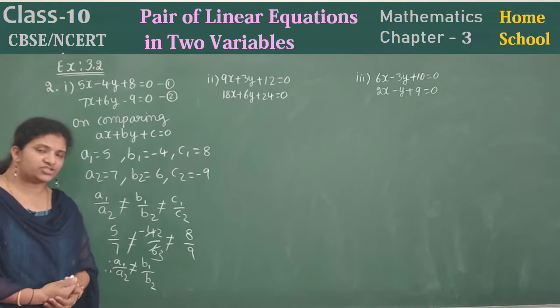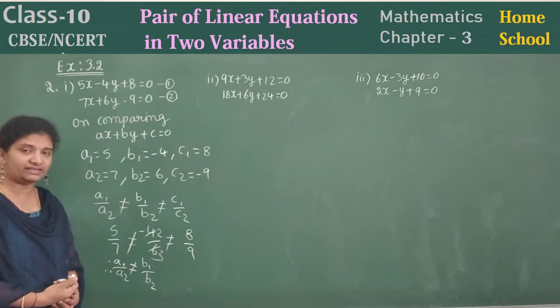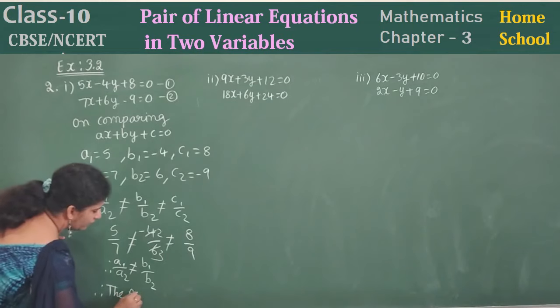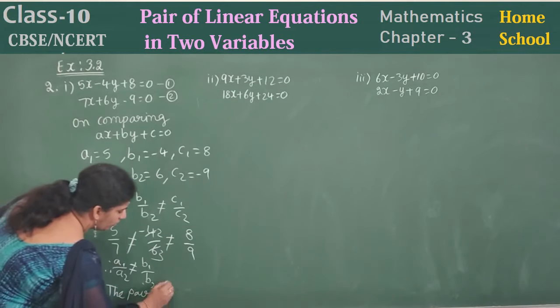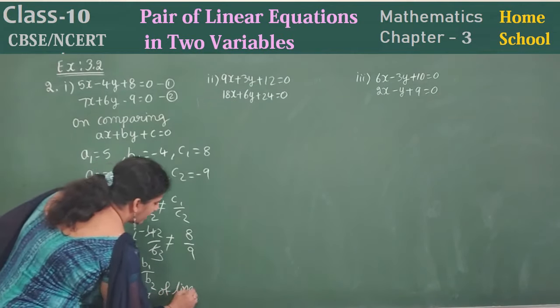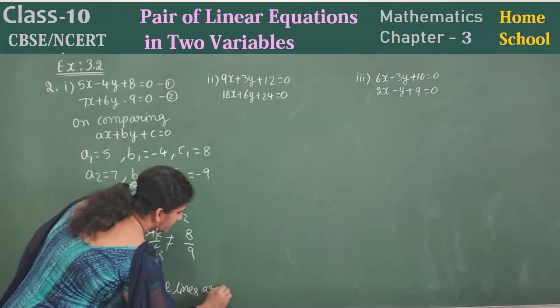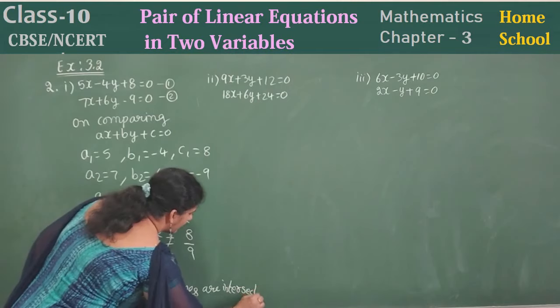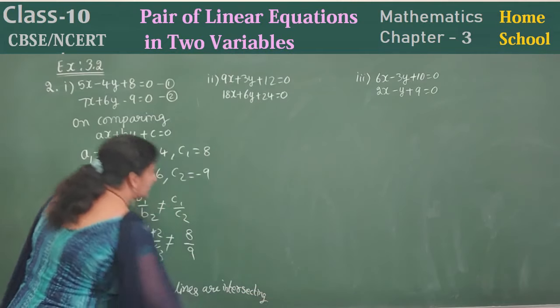Therefore, what you can say, children? Therefore, the pair of lines are intersecting.